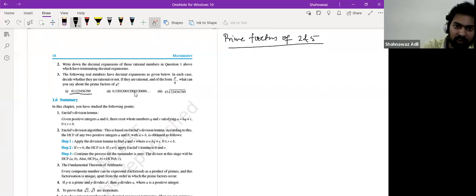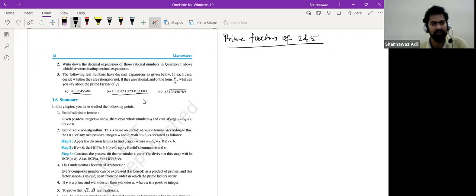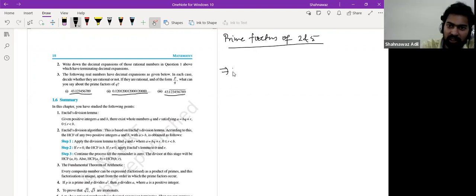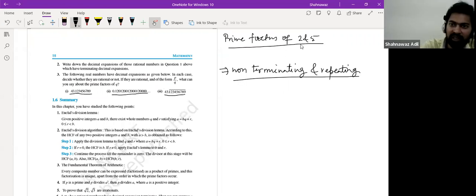And what can you say about this number? Is this a rational number or not? It's irrational. Yes, it is an irrational number because it is non-terminating and non-repeating. And what about this number? This is non-terminating and repeating, so rational. So what can you say about the prime factors?